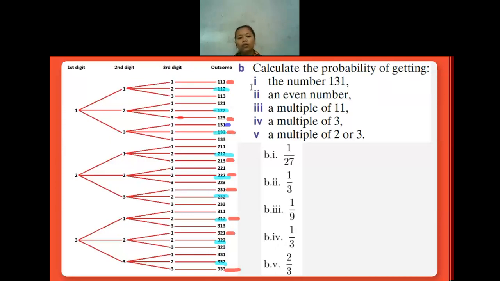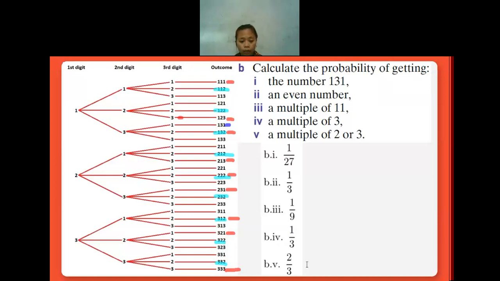So 1, 2, 3, 4, 5, 6, 7, 8, 9, 10, 11, 12, 13, 14, 15.